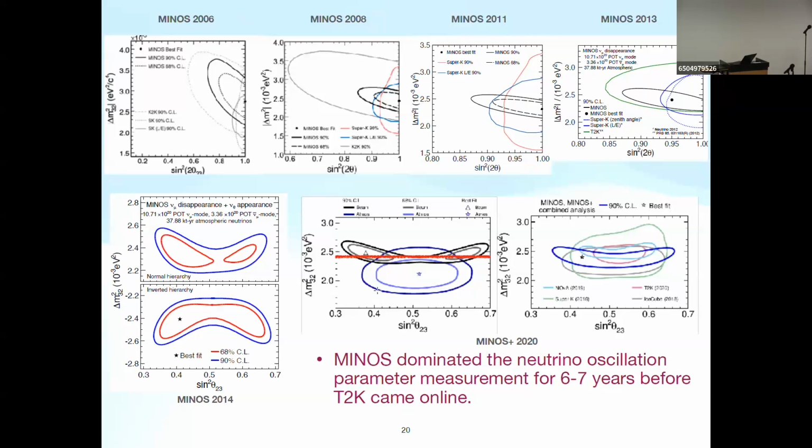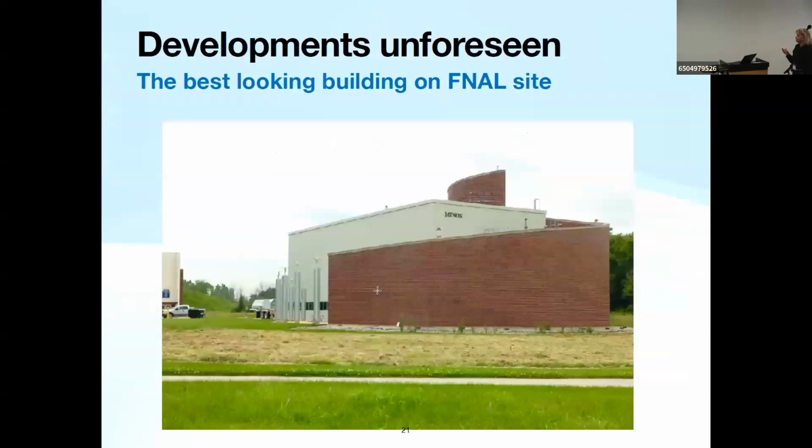So I think the point, apart from pointing out as time went on, we did better and better in terms of our measurement, I would point out that MINOS really dominated the neutrino oscillation parameter measurements for about 6 or 7 years. And at all the neutrino conferences, we were the ones who had the best measurements and new measurements of the mixing parameters up until about 2012.